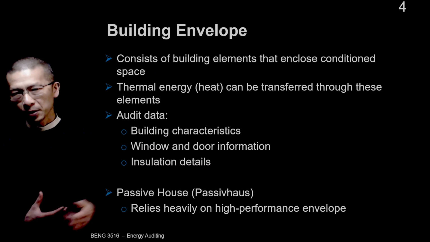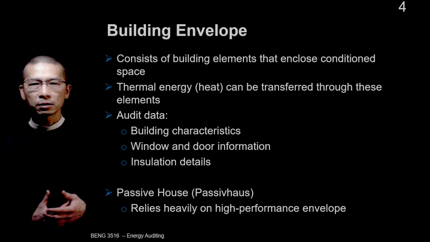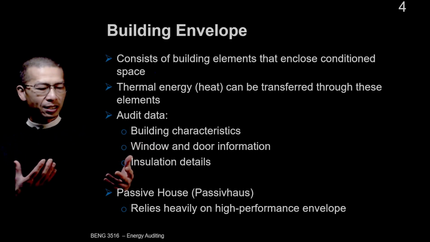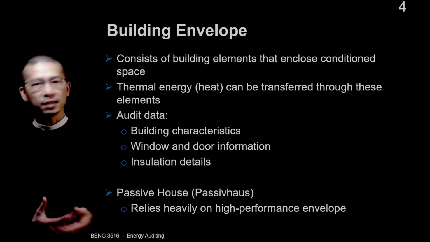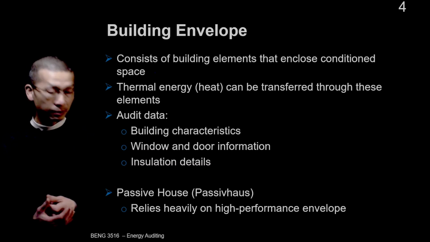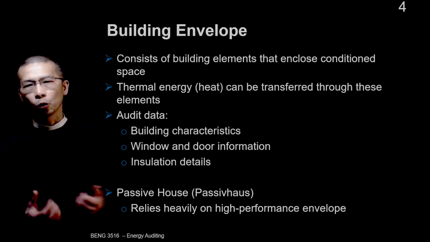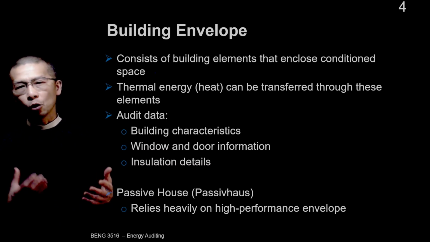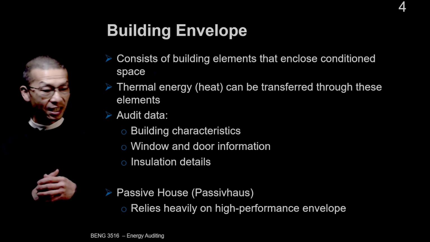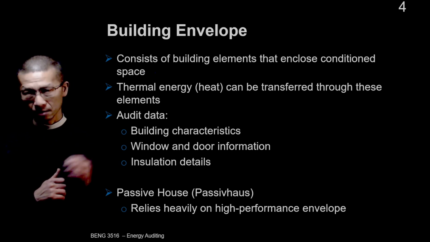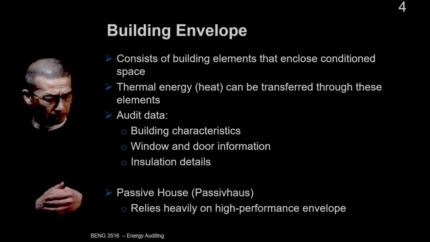Number one, building characteristics such as orientation and the basic construction details of the floors and ceilings. Number two, fenestrations, the openings like windows and doors, with detailed window and door information, as these are almost always the thermal holes in the skin, right? They are the weakest link in the building envelope system.